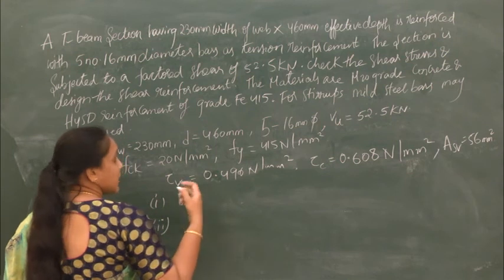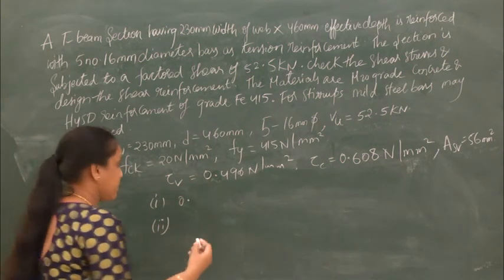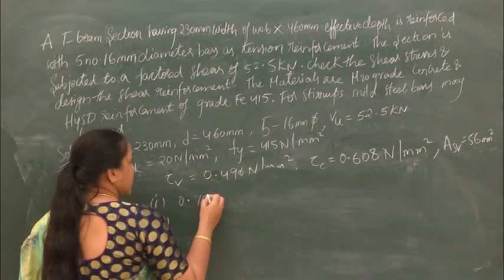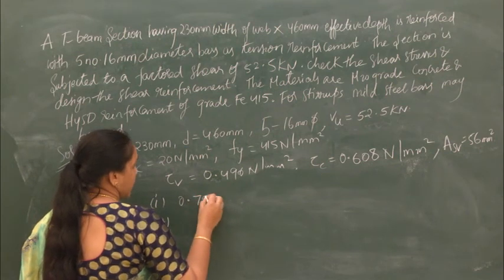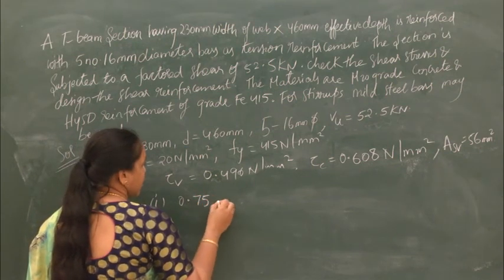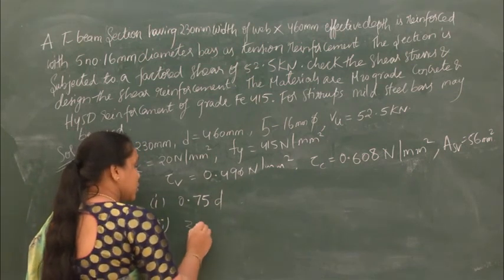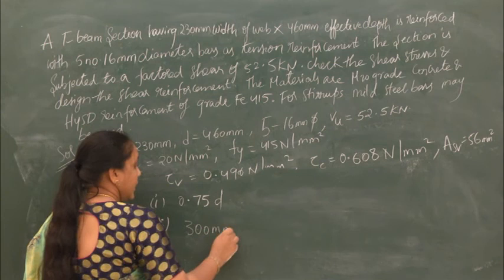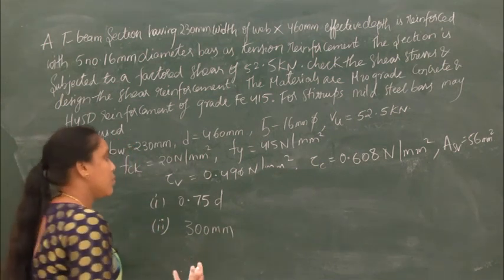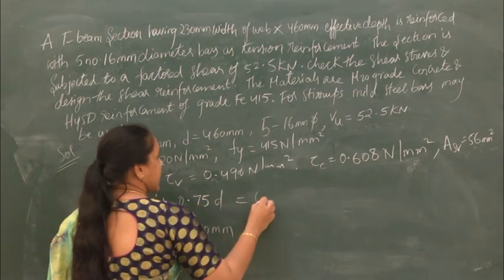As we are considering the vertical stirrup here, one case is that the spacing we are providing should not exceed 0.75D, and the other is that it should not exceed 300 mm. So first let us calculate this.